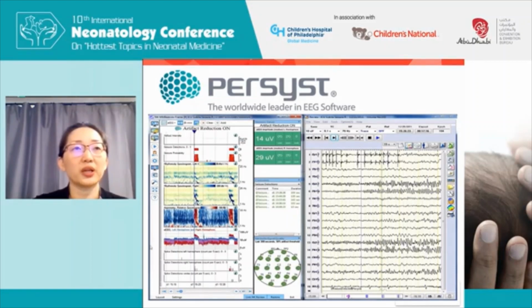You can display an aEEG tracing like you have here, but you can also display many other different types of trend algorithms. aEEG is just one of over 20 different trend algorithms that are available on, for example, this PERSYST software.